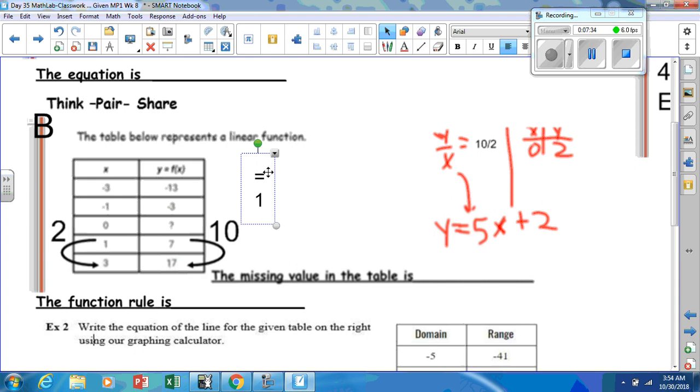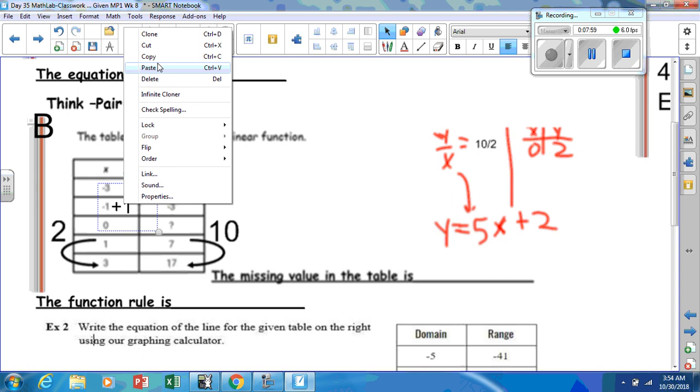Likewise here, when I'm adding 1 to the x's, I'm adding 5 to the y's. So if I add 5 to this, what's negative 3 plus 5?